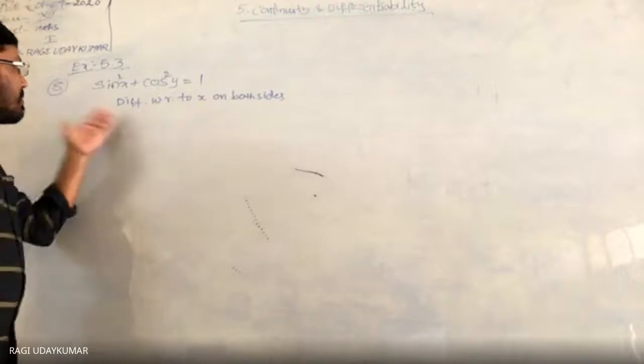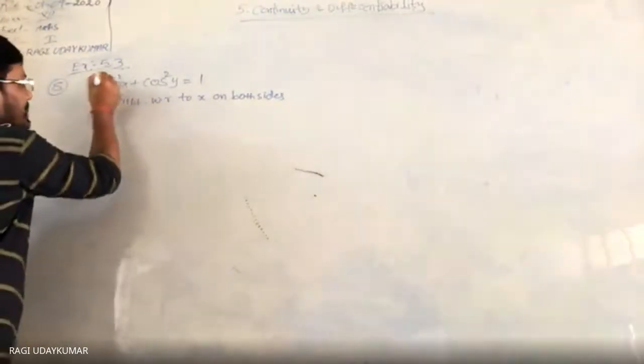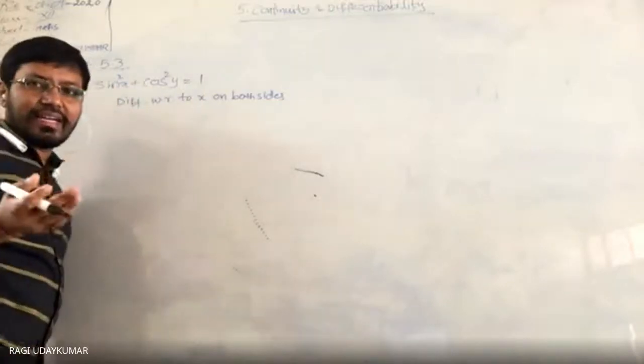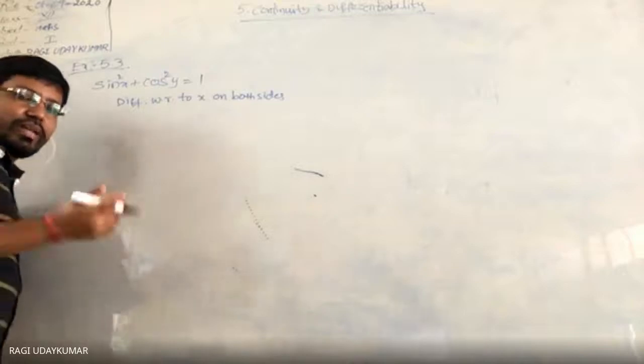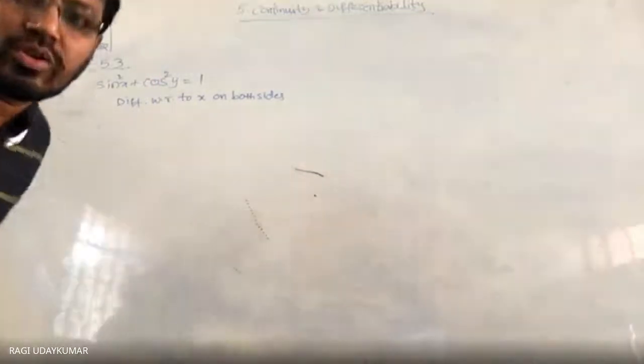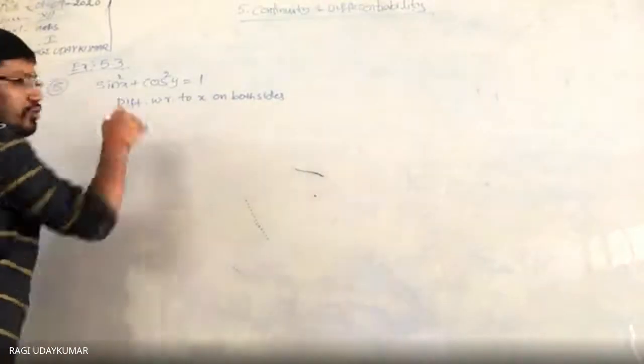So sine square x differentiation is nothing but 2 into sine x, because you have to consider it completely as an x square. Differentiation of x square will be equal to 2x.